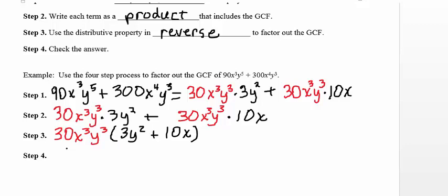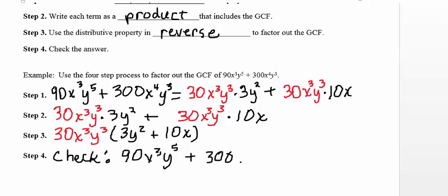And if I check this, I see that 30x cubed y cubed times 3y squared is 90x to the fifth, x cubed y to the fifth. Thirty times 10 is 300.